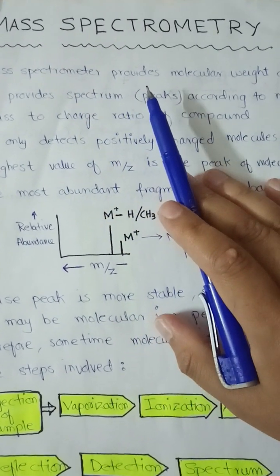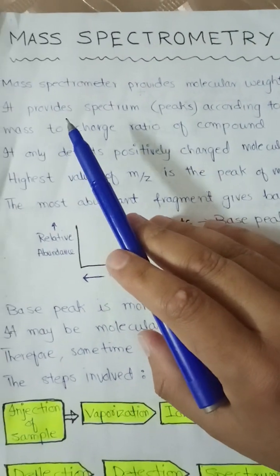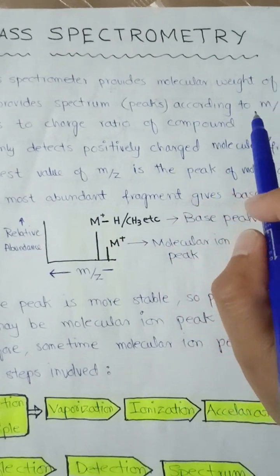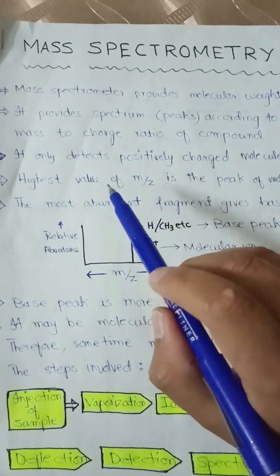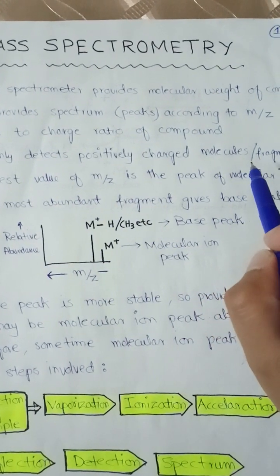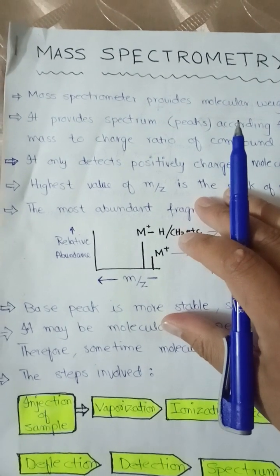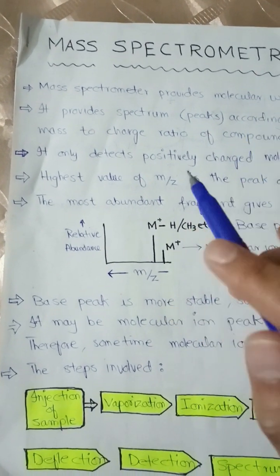So mass spectrometer provides us molecular weight of compound. It provides a spectrum, that is, peaks according to the mass to charge ratio of the compound. It only detects positively charged molecules or fragments. So it works with positively charged cations or positively charged atoms or molecules.